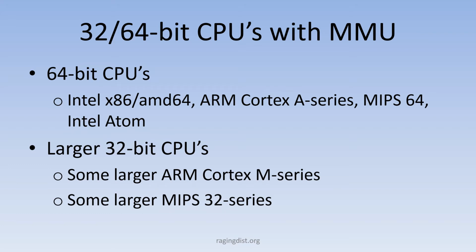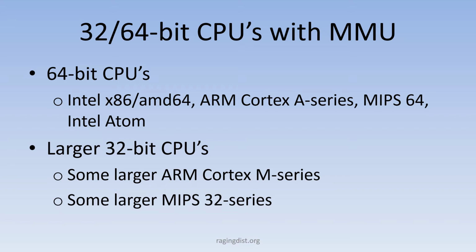Actually, the 80286 was the first x86 CPU which had an MMU, and that came out in the early 80s. So the need for MMUs has been around for a while. You need an MMU to host an operating system like Linux or Windows, where you have processes running in their own memory space, and if there's a crash on that process, it doesn't bring down the OS and anything else.